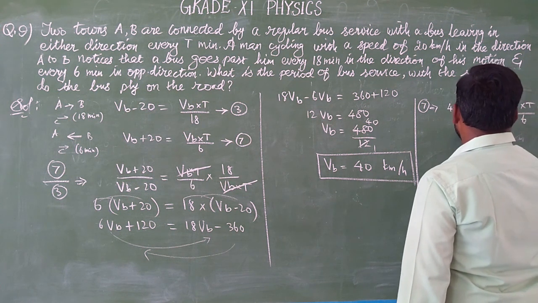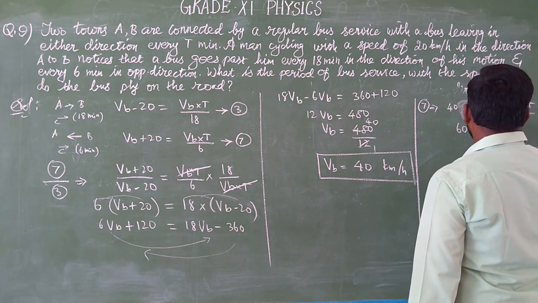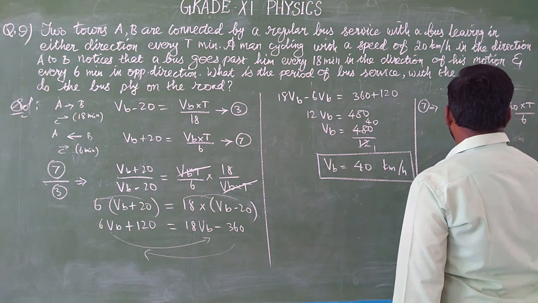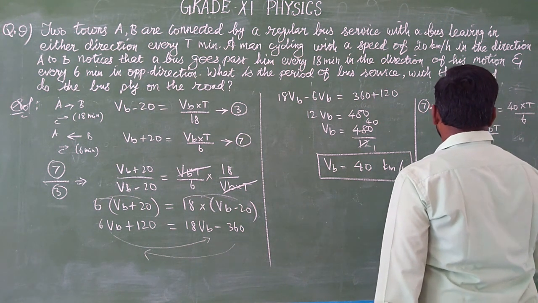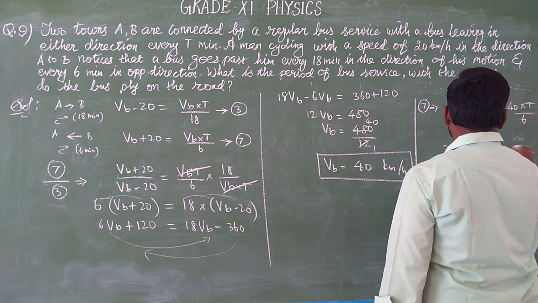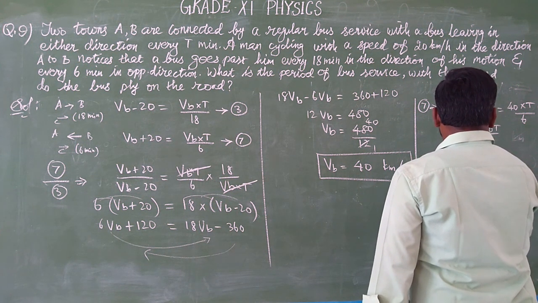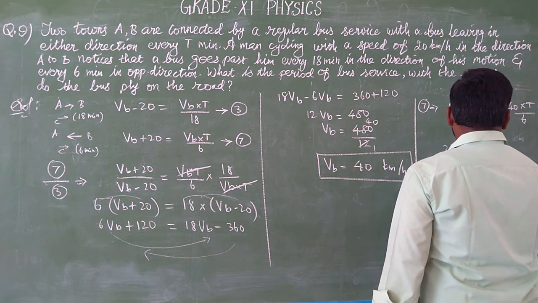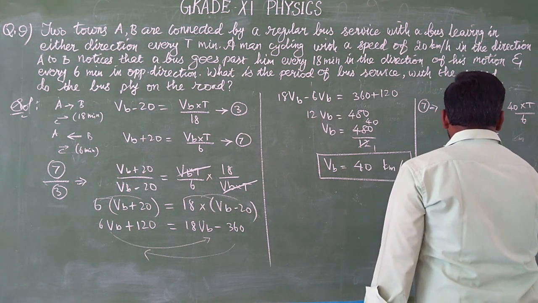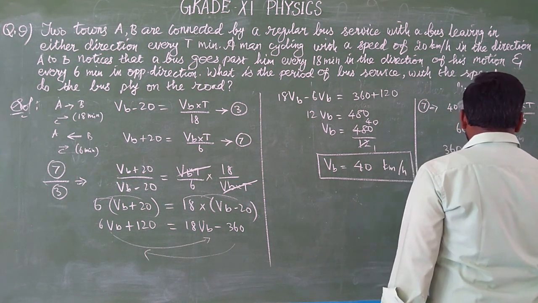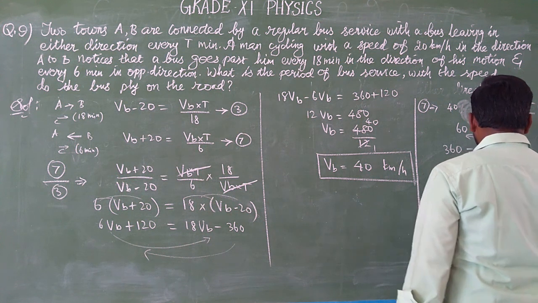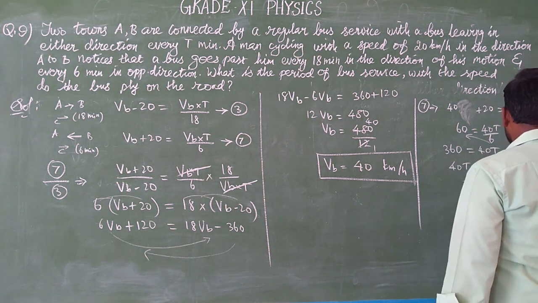So this is 60, which is equal to 40T by 6. So this 6 is multiplied here: 360 is equal to 40T, and T is equal to 360 by 40. The zeros cancel and it is 9.